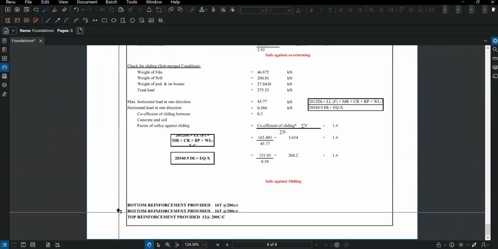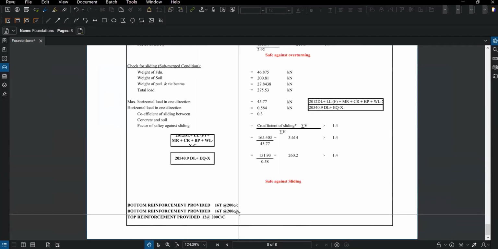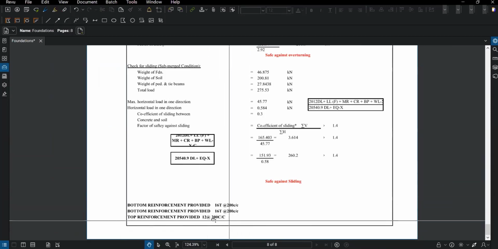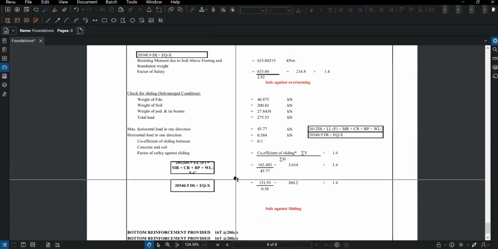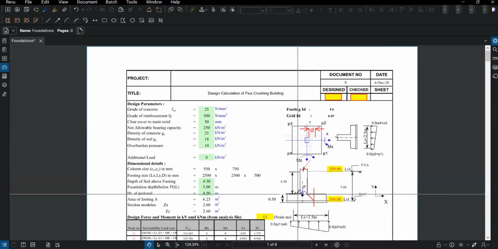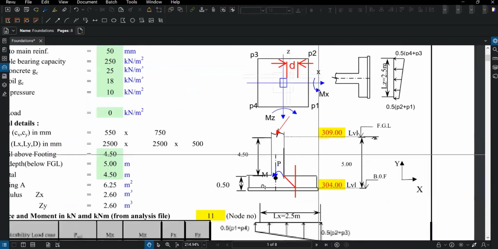All right. You can see that the bottom reinforcements are provided as such, but I haven't discussed anything about the top reinforcement, because top reinforcement comes up for a certain condition where the plate wants to bend in the other direction. All these things are happening because the force is vertically downward. We can see the force is vertically downward.